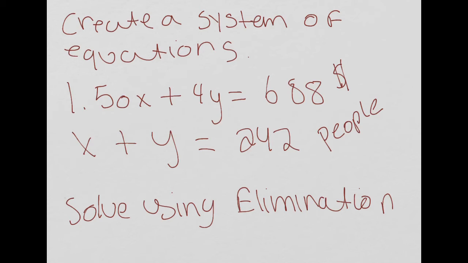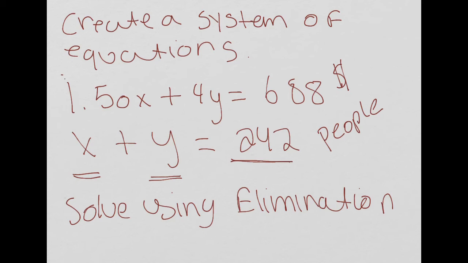The problem tells you that it costs $1.50 for children and $4 for adults, and that a total of $688 in fees was collected. However, it does not tell you exactly how many children or how many adults went in. It simply tells you the total amount. And that is why we use x plus y, because we don't know exactly.